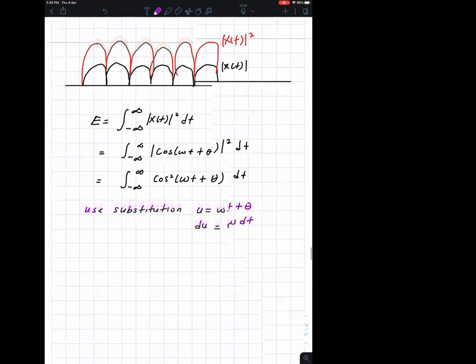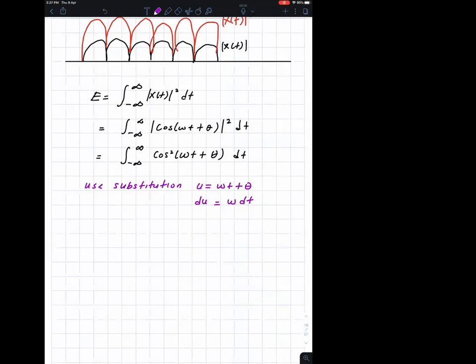Okay, now please note the upper limit and the lower limit. The limits are minus infinity and infinity. Now we are changing the variable to u, but this infinity applied to dt, time. We can change it because we already changed to u and du. So we want to find out what will be the limit.